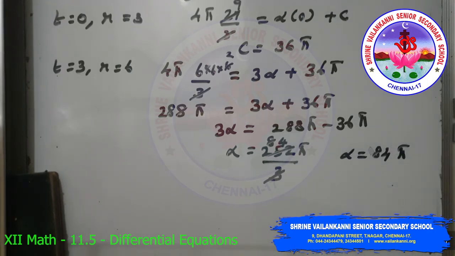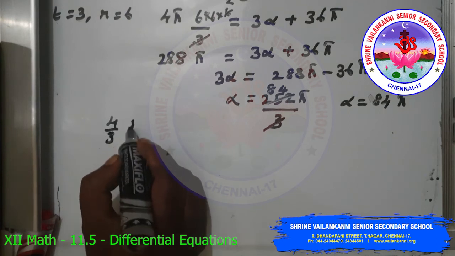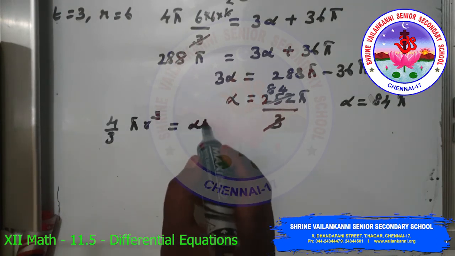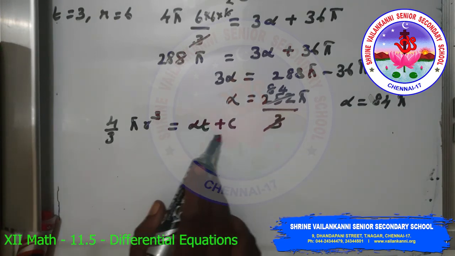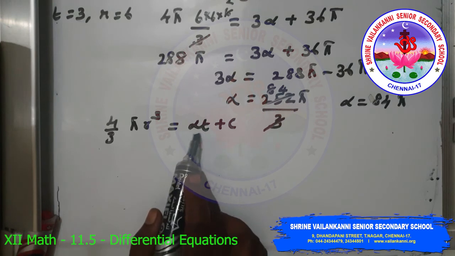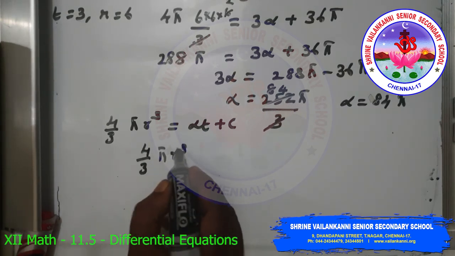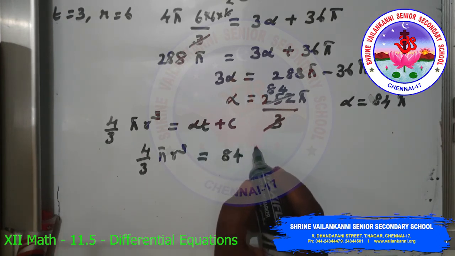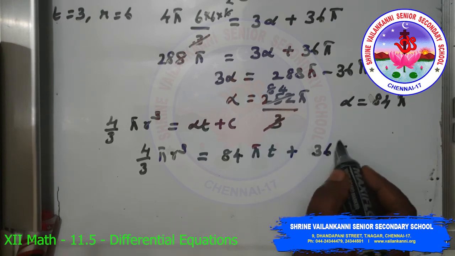So putting the value of alpha and c in 4 by 3 pi r cube, which is equal to alpha into t plus c. Substituting the values, 4 by 3 pi r cube is equal to 84 pi into t plus 36 pi.